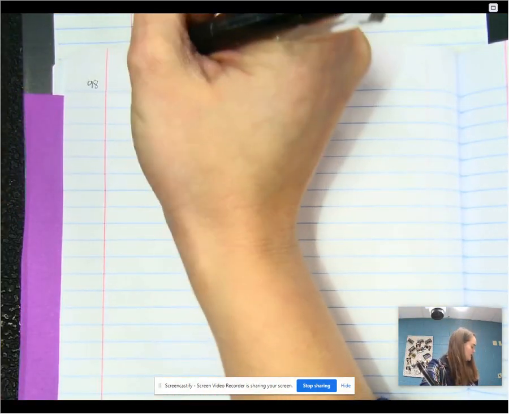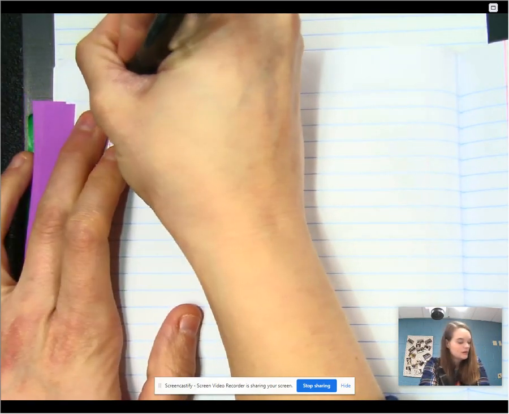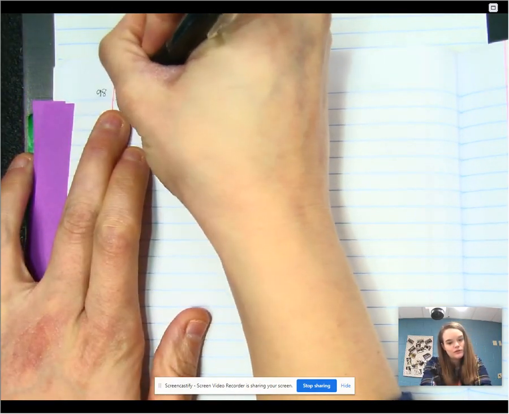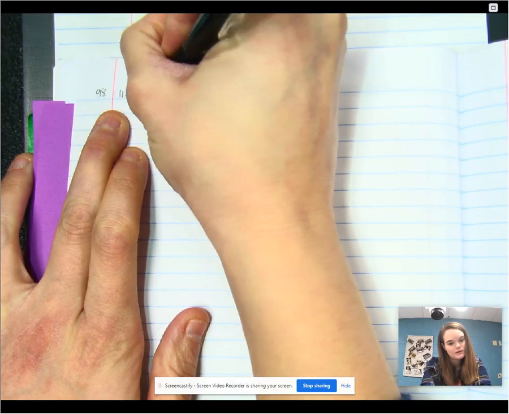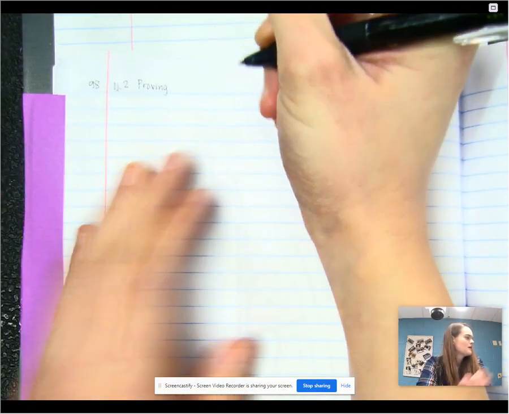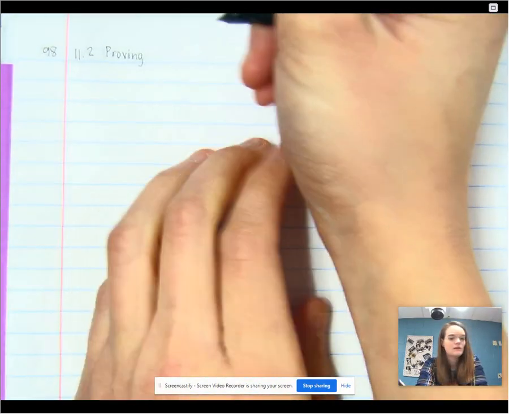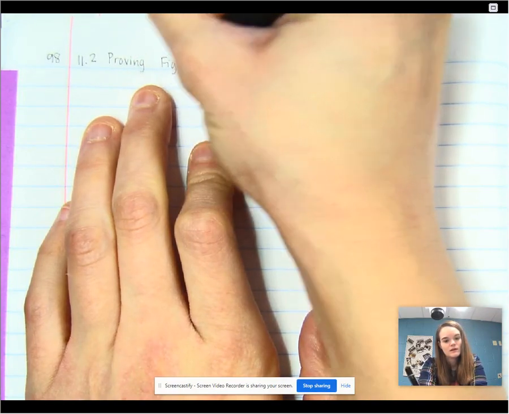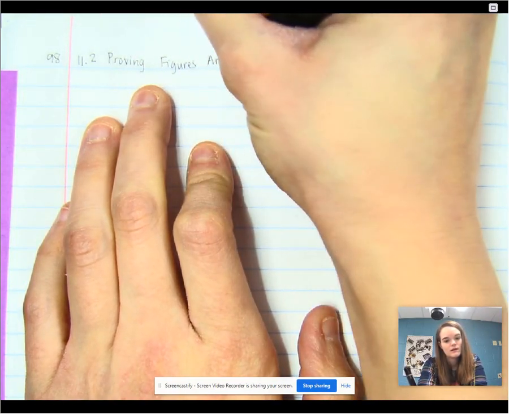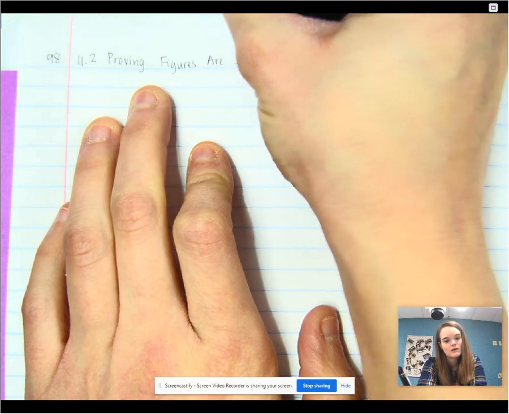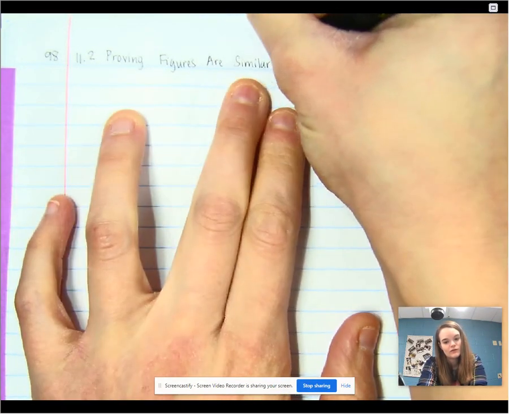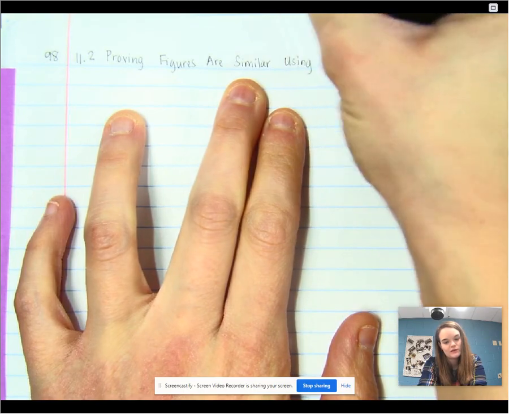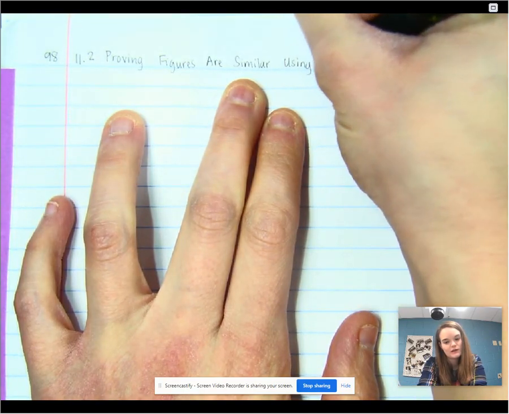98, 11.2, proving figures are similar using transformations, and that's going to be the exact same title for 99.